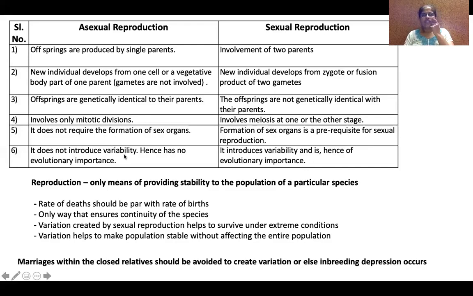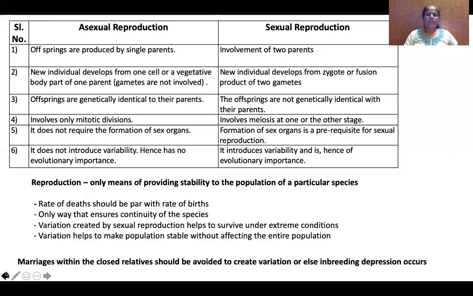As we have learned in the last class, in vegetative reproduction or asexual reproduction, variability will not be there. So evolutionary importance will be very less. And they are very sensitive to any infection, mass infection. Okay.